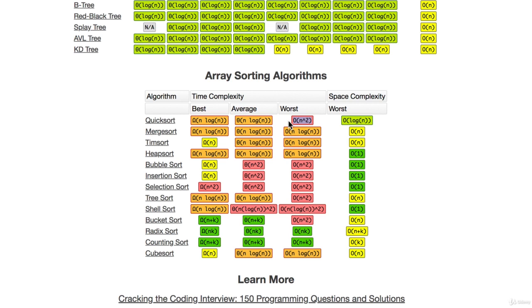Now, you might be asking yourself, Andre, what about heap sort? You haven't really talked about that. I'm going to leave resources for you so you can learn about heap sort as well. It's very similar to quicksort and merge sort, but you see here that it has a space complexity of O of 1. Isn't this better than all of the above?